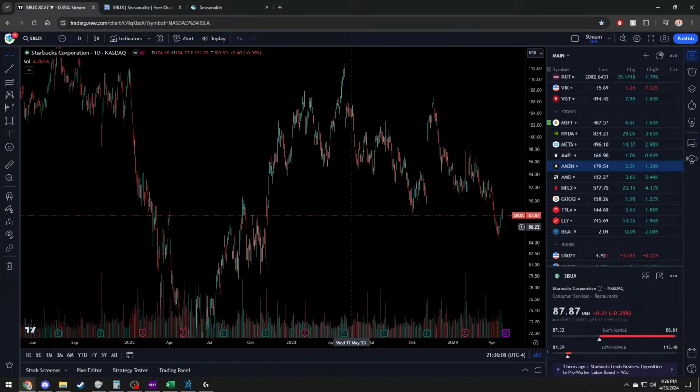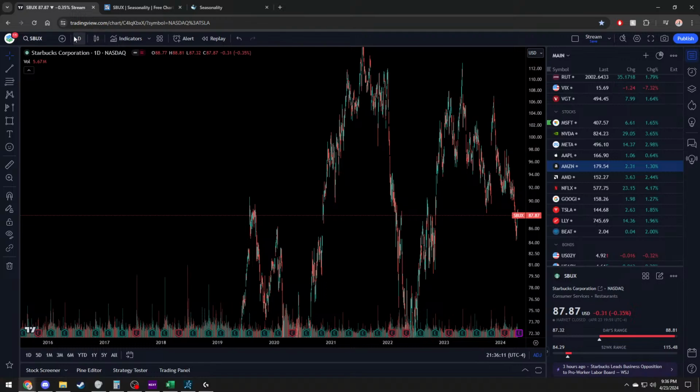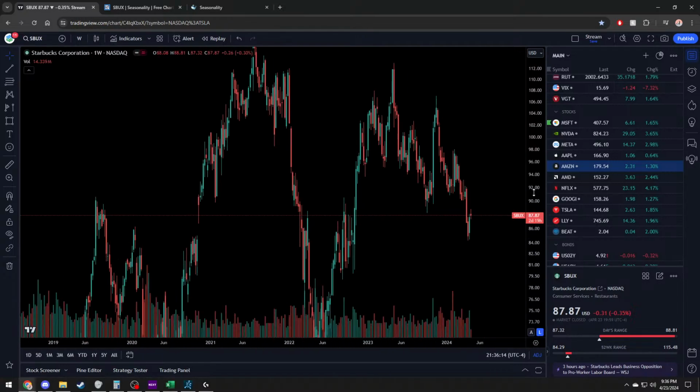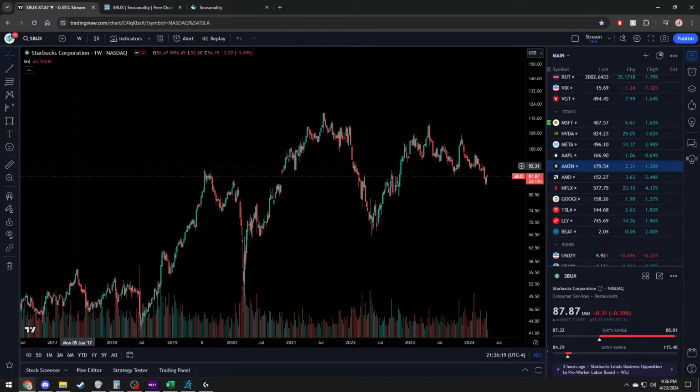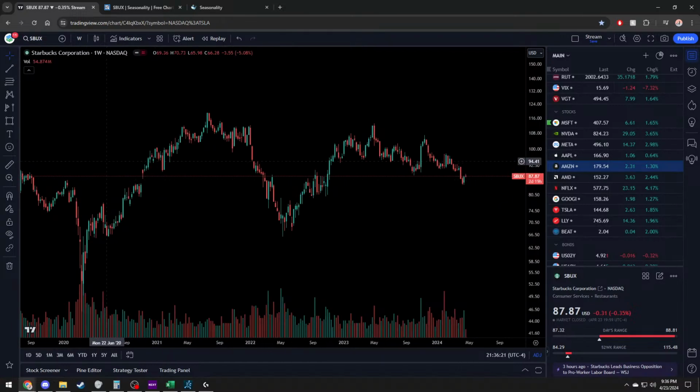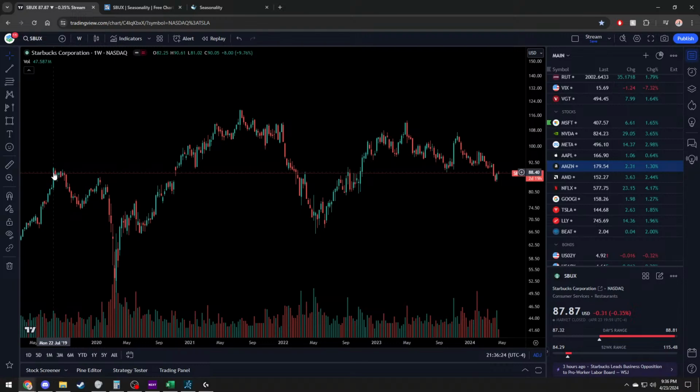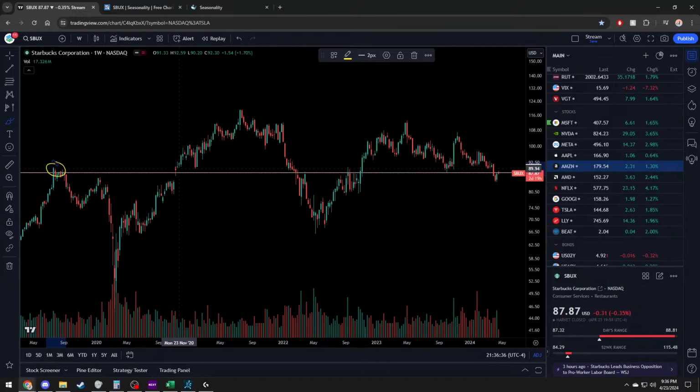But as far as the chart goes, I'm going to bring this up on a weekly. So again, right away, zoom out, right? This area right here that we're at sticks out to me just based off of this topping here. You did have a little resistance right there, but ranging right here, bounce right here.